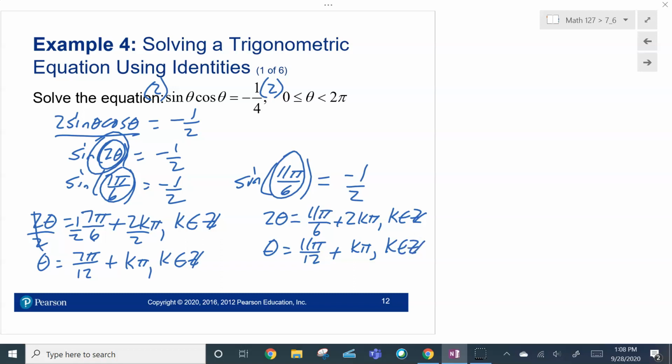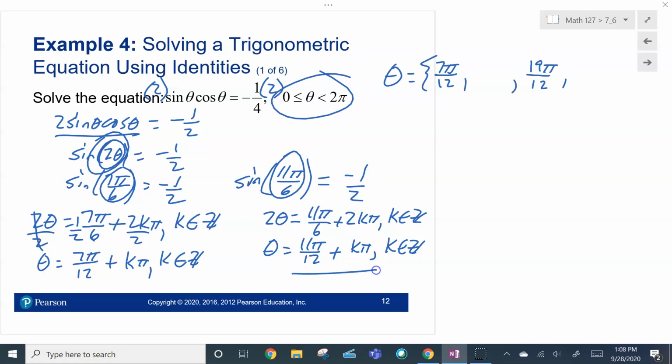So we've got theta being, if k is 0, I got 7 pi 12ths. If k is 1, then I got 19 pi 12ths. If k is 2, I'm too big, I'm outside my 2 pi there.